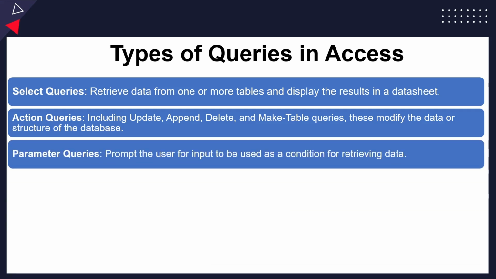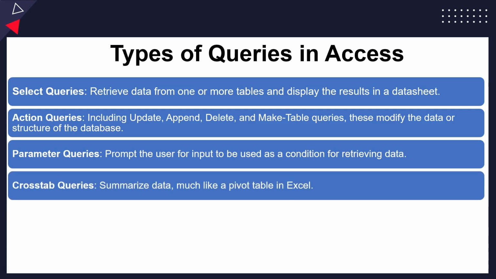Now, we have other queries that are known as parameter queries. These prompt the user to enter some data based on some conditions. We'll use them to allow the user to enter data according to some conditions. Now, we also have cross-tab queries. These are used to summarize data.